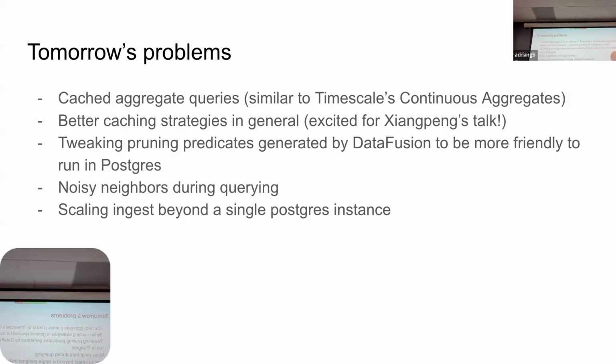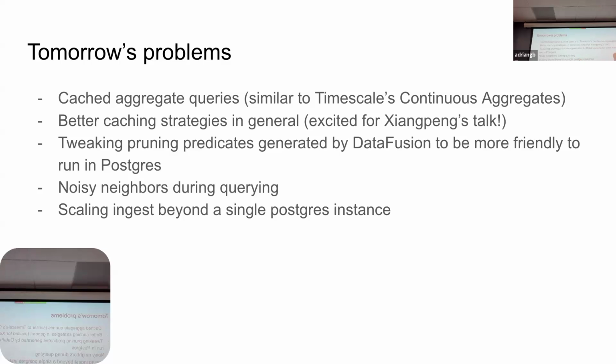But we know that's not going to scale infinitely. So we're working on tweaking how the predicates get generated, so that we can have indexes on the statistics themselves in Postgres. Now if you want files with a start timestamp larger than something, we can filter down to just the files in that time range, and then scan the rest of those statistic rows. And those are kind of the DataFusion things.